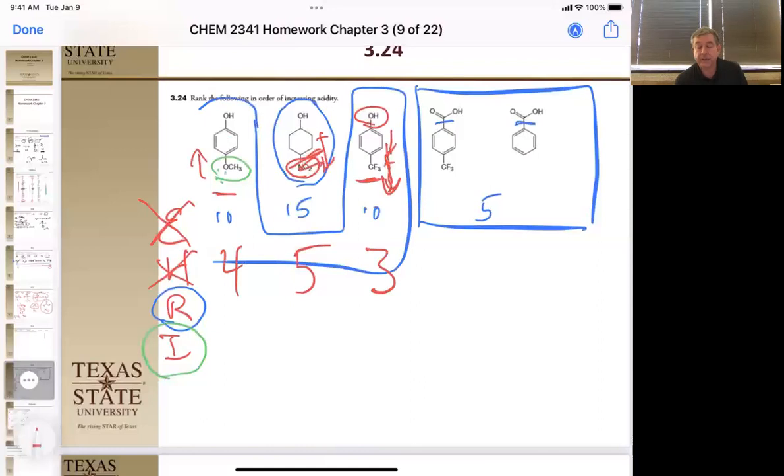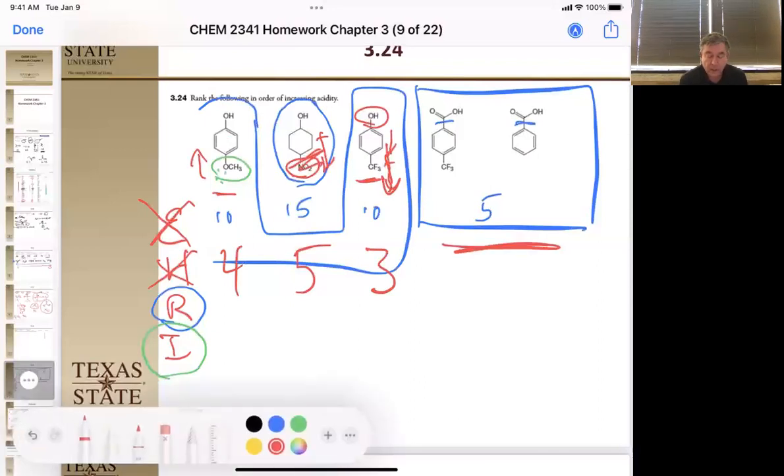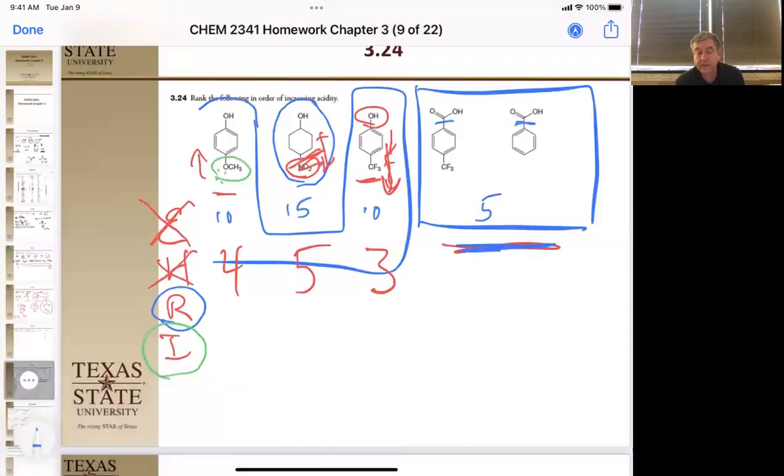So now let's do that same thing on these last two. We already have the fact that they are the most acidic because of that carboxylic acid. Now let's look for inductive effects. Here we only have a hydrogen, and here we have the CF3 pulling electron density out. Just like with the halogen close to those carboxylic acids, having that electron group makes it more acidic.